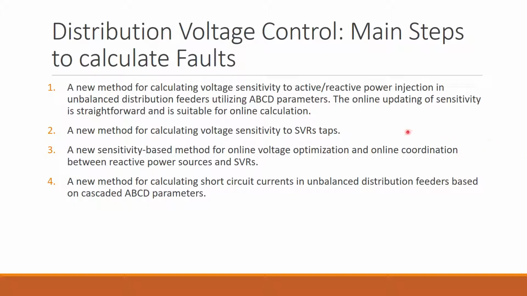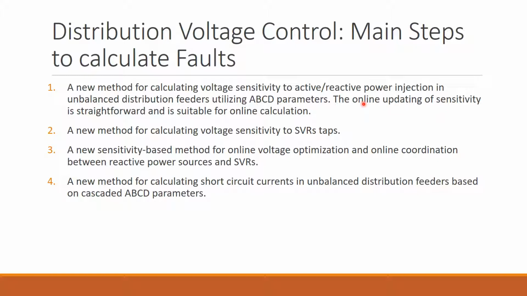So going into the next slide, the main steps to calculate faults for a distribution voltage control. Basically, there's going to be a new method for calculating voltage sensitivity to active or reactive power injection in unbalanced distribution feeders utilizing ABCD parameters. The online updating, that means when the system is actually working, performing, a live energized system.